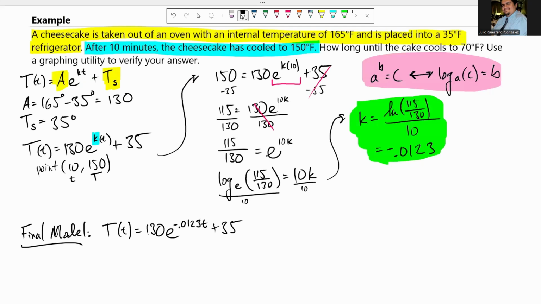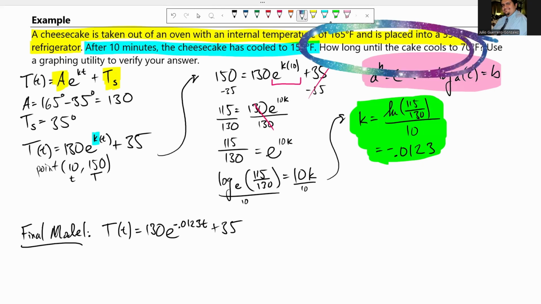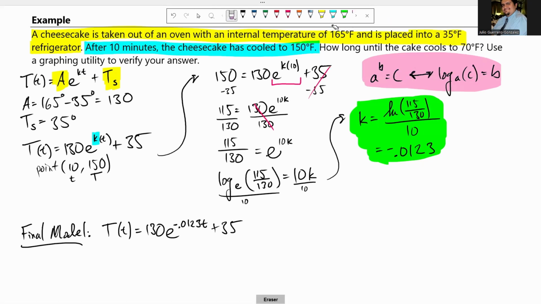Bam. Okay. Now, the original question, we're not done yet. I know, I can hear you all grunting from here. My original question was: how long will it take the cake to cool down to 70 degrees?